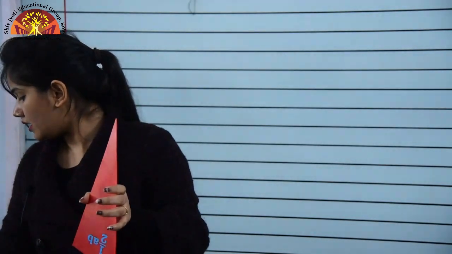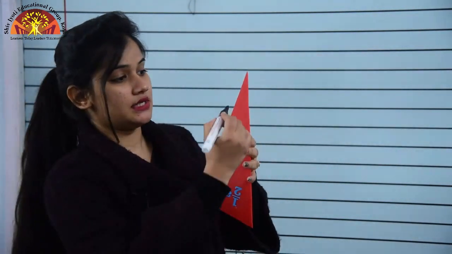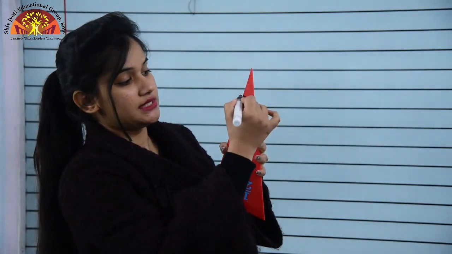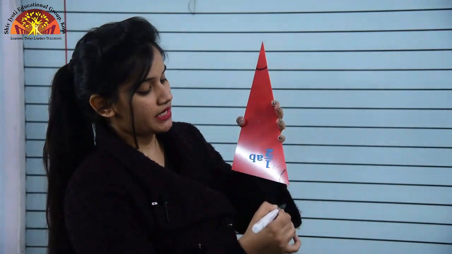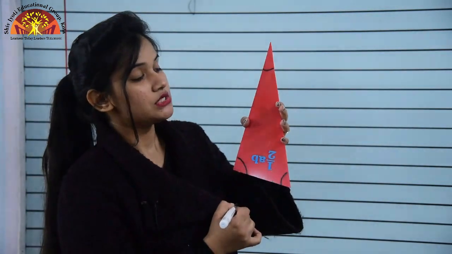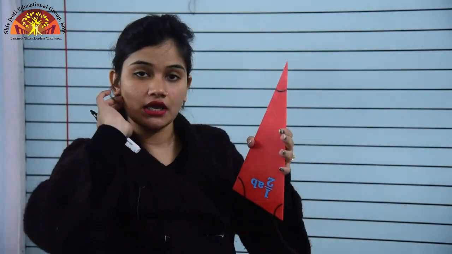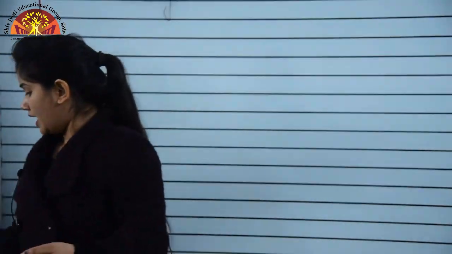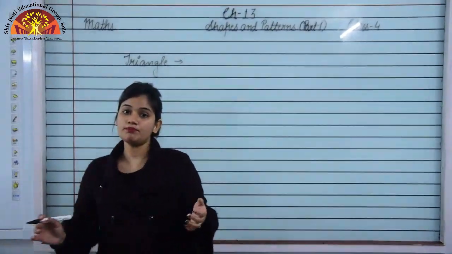And how many angles are here? You can see there are 3 angles. This is an angle, this is the next angle and this is the next angle. There are 3 angles in a triangle, there are 3 vertices in a triangle and there are 3 sides in a triangle, and this is known as a polygon.